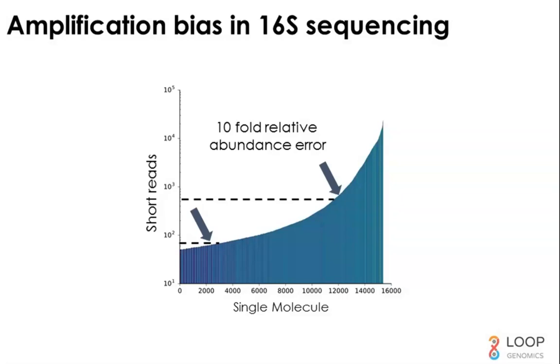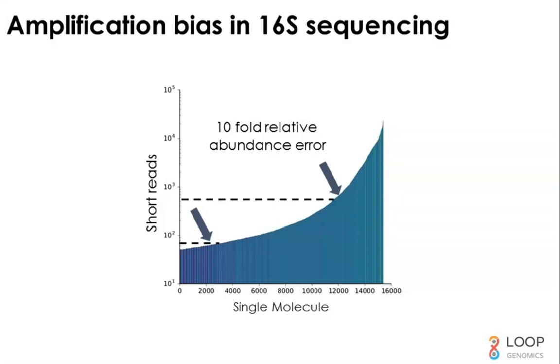I think that Nick showed that this is also important for short read sequencing, in showing that LoopSeq V1 to V9 was more accurate in terms of relative abundance compared to V3, V4. So that's for short read sequencing. For long read sequencing, it's even more important because the bias in amplification is even worse. As I mentioned, this is a typical PCR bias plot.